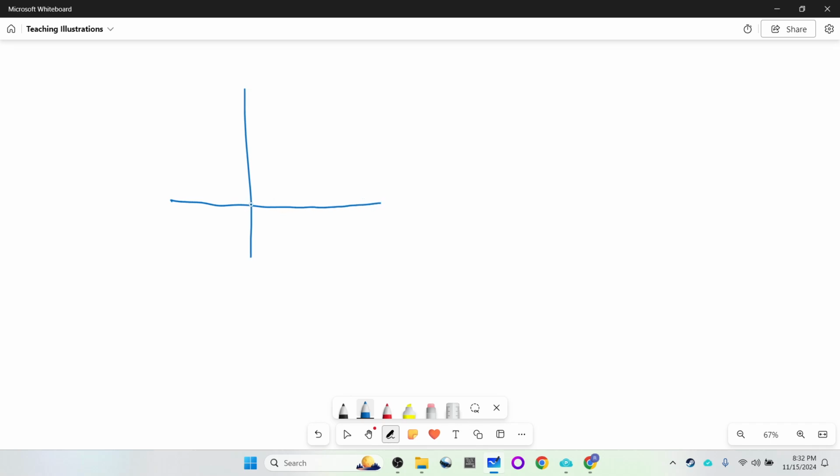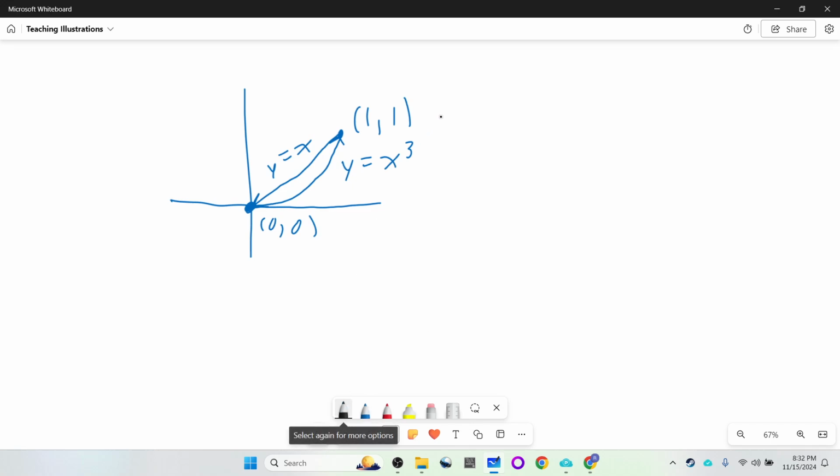I would first go, here's 0, 0, and here is 1, 1. y equals x to the third, then back along this way as y equals x. So, you could do this with parameterizations, but we're going to do it using Green's theorem.